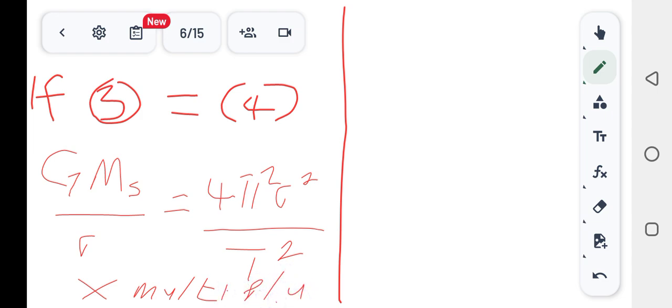When you cross multiply, this multiplies this, and this multiplies this.